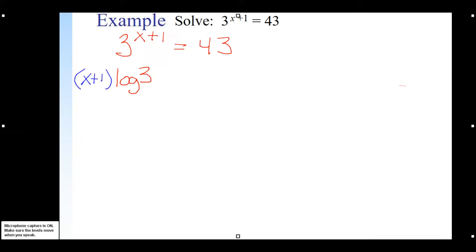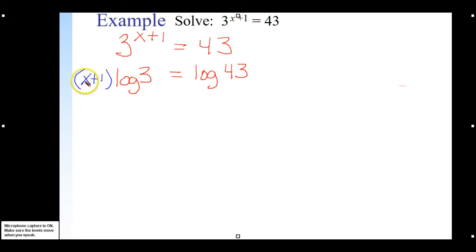And then I convert the other side to log base 10, that I'm not writing, of 43. So a simple little change here. I've converted an exponential equation into a logarithmic equation, and again putting our exponent in front of the log. That's a technique we had earlier.